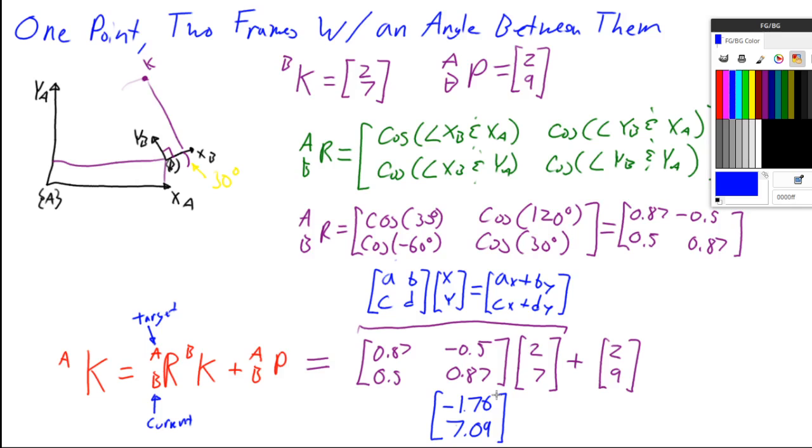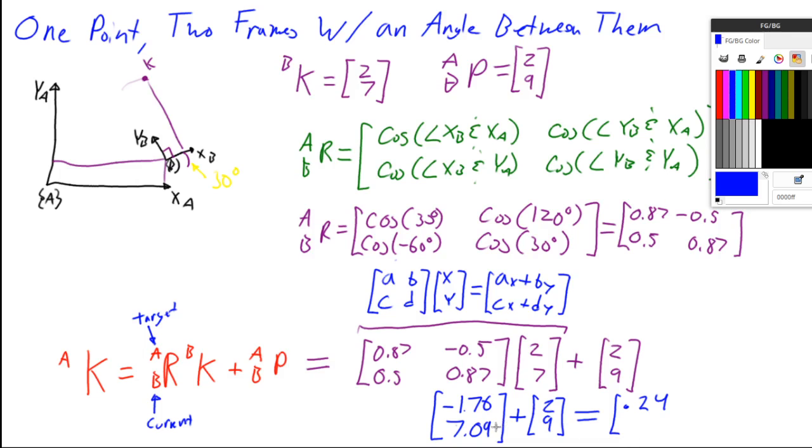So now what we can do is add our offset there. And so what's that going to come out to be? That's going to be 0.24.